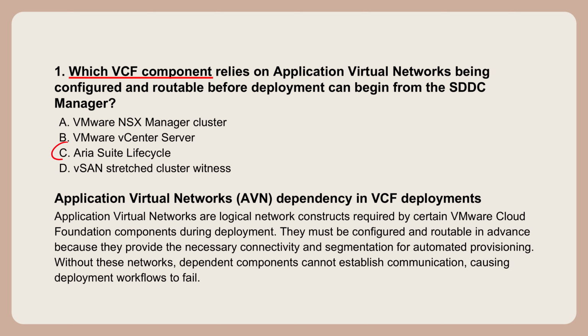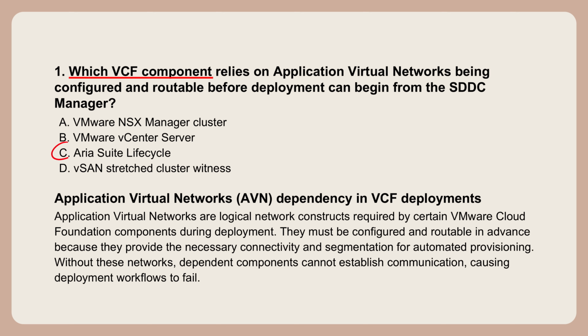And those predefined spaces are the application virtual networks, or AVNs. So the AVNs are essentially like the pre-laid digital plumbing. Yes, exactly. But more specifically, they are routed overlay networks. If those AVNs are not pre-configured and routable, the automated deployment workflow from the SDDC Manager simply stalls out. Because it literally has nowhere to put the Aria components.